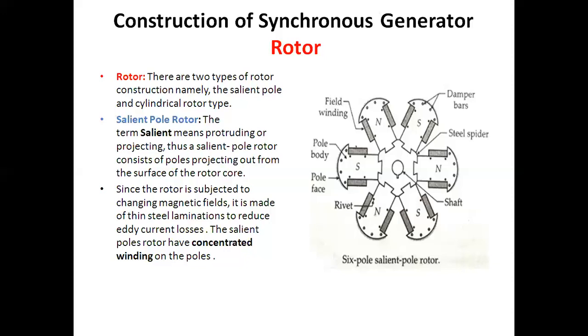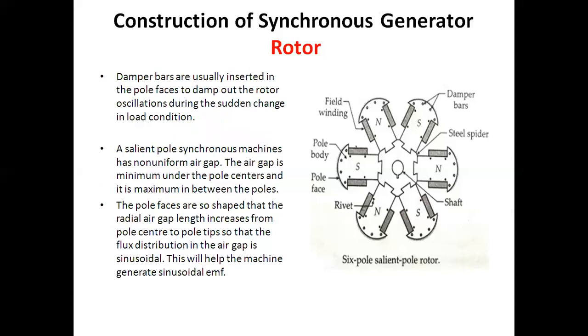Since the rotor is subjected to changing magnetic fields, it is made of thin steel laminations to reduce eddy current losses. The salient pole rotor has concentrated windings on the poles.